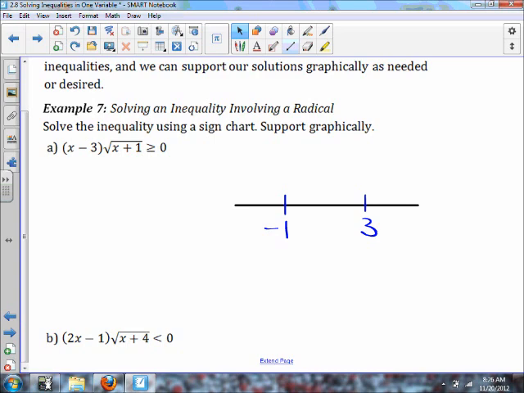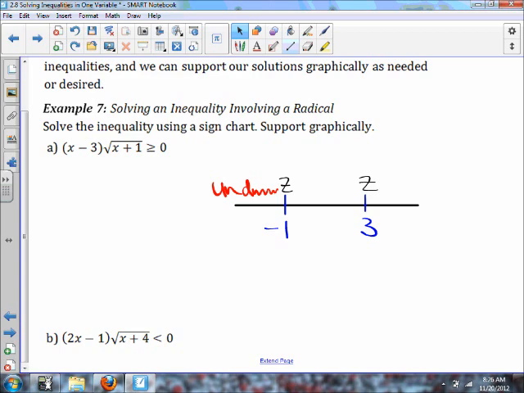Anything less than negative 1. So all the stuff this way is undefined until negative 1. We'll have a 0 here and a 0 here. So I don't have to worry about anything left of negative 1.